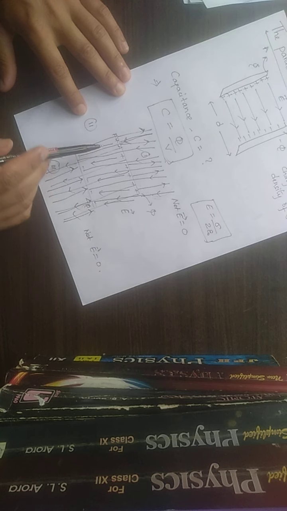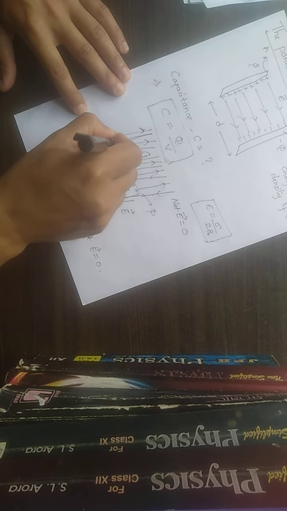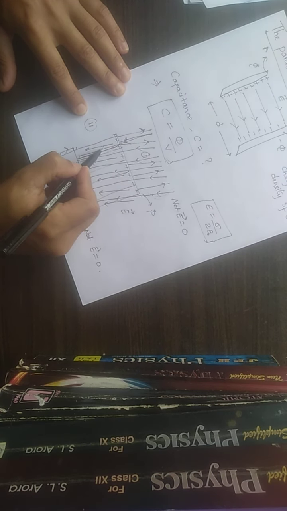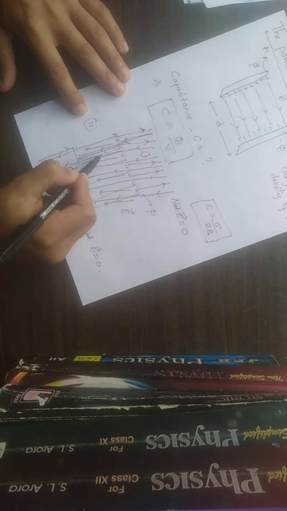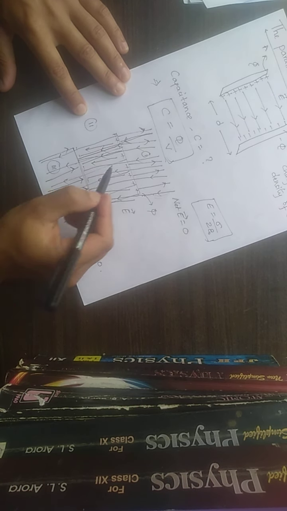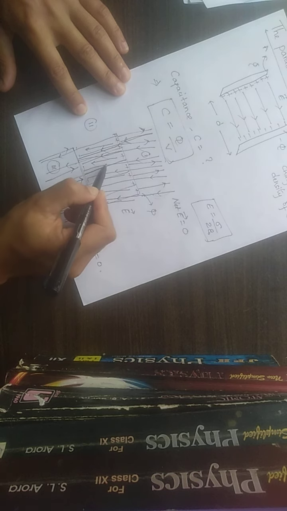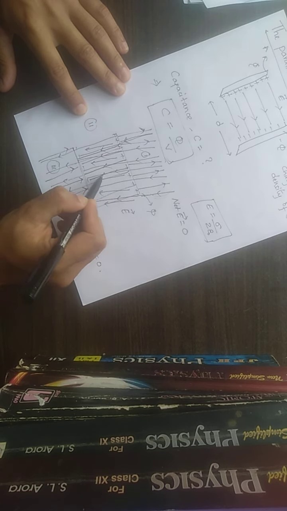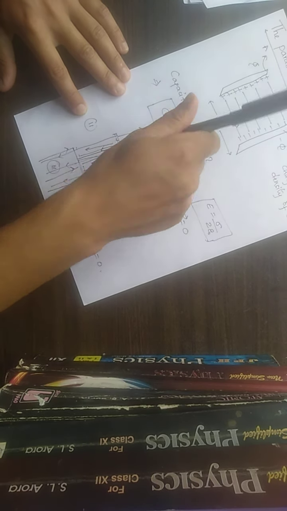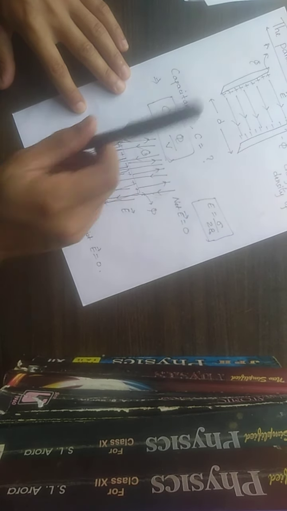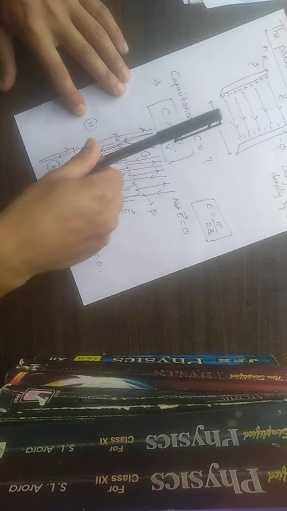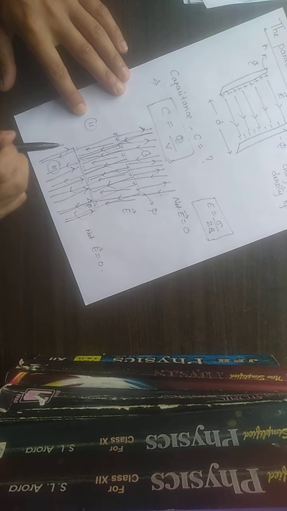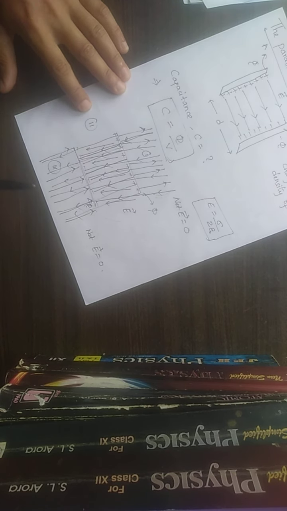But in region 2, due to the positively charged plate, the electric field is directed downward. And due to the negatively charged plate, the electric field is towards the plate itself, which is also downward. That means the electric fields are along the same direction.